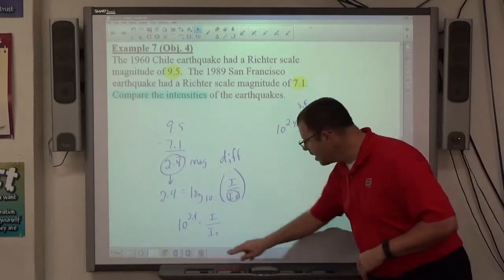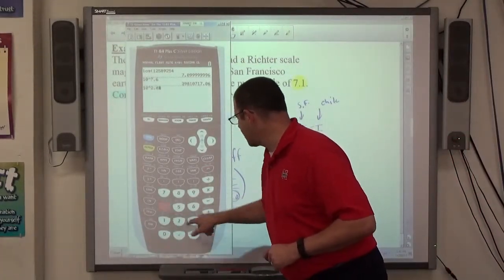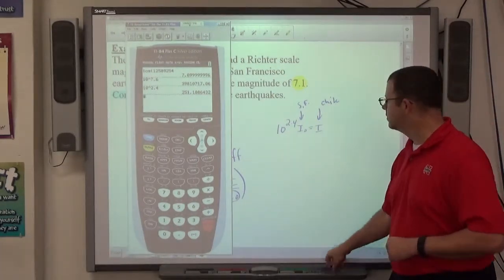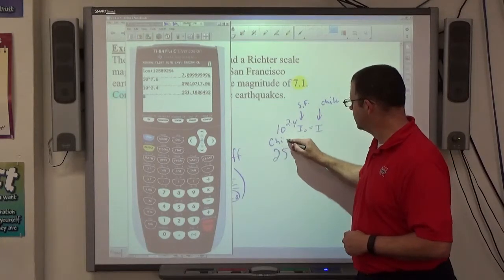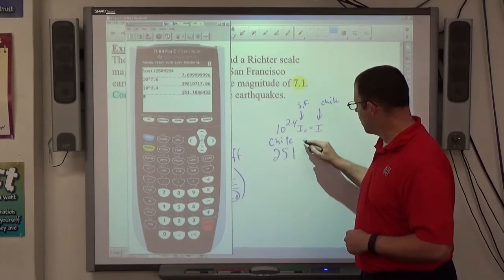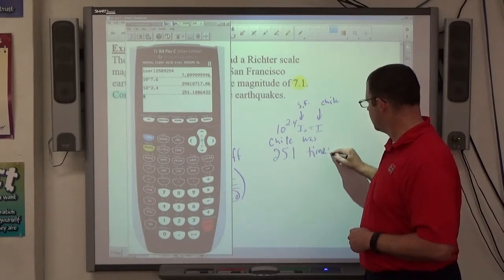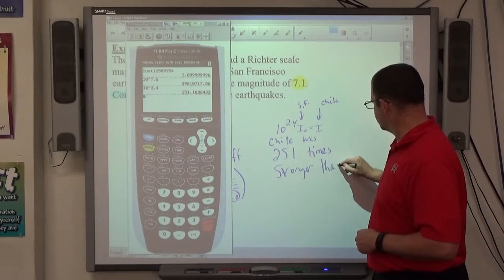So if I type in my calculator 10 to the 2.4 power, that comes out to 251 times stronger. So Chile was 251 times stronger than San Francisco.